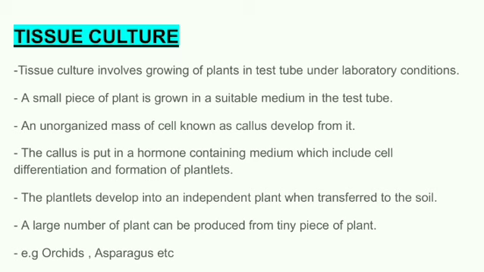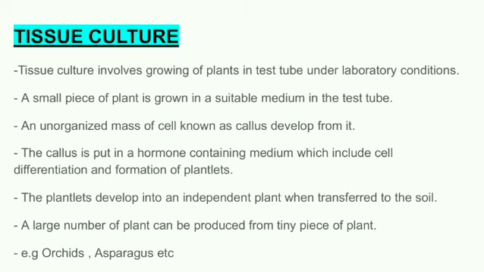The callus is put into a hormone containing medium which induces cell differentiation and formation of plantlets. Now, after the callus develops in the test tube, we transfer this callus into another petri dish containing some hormone.